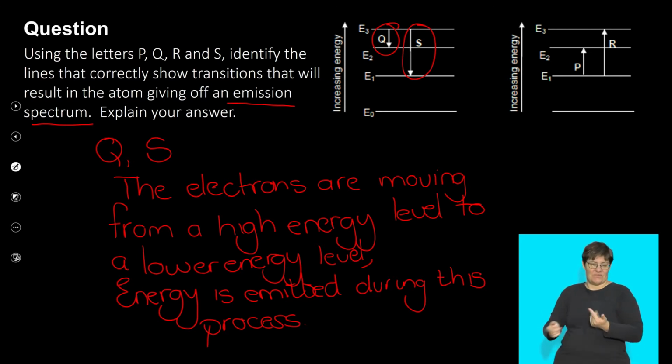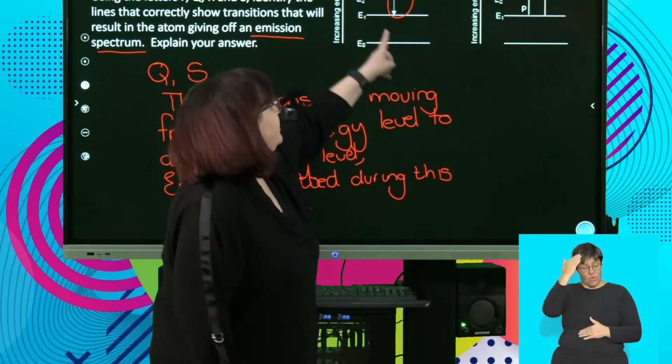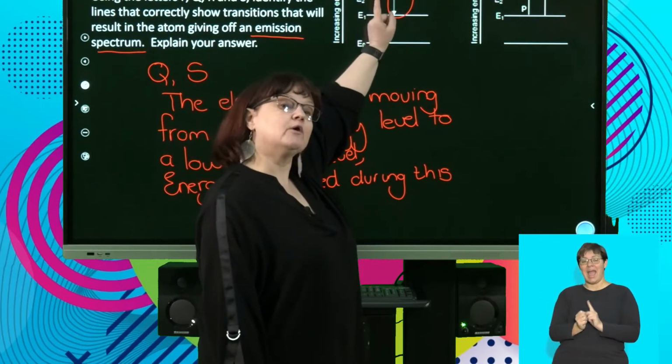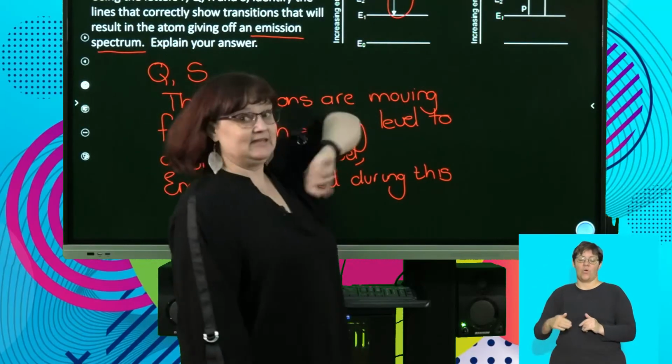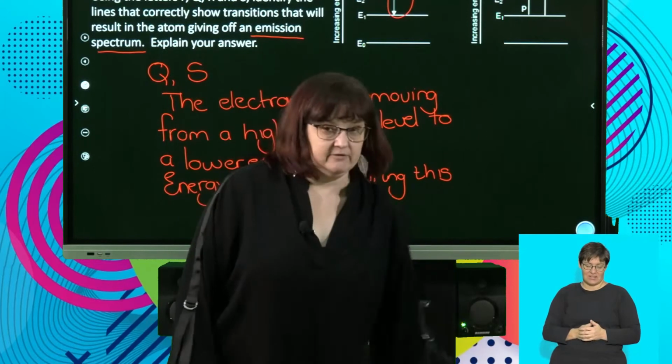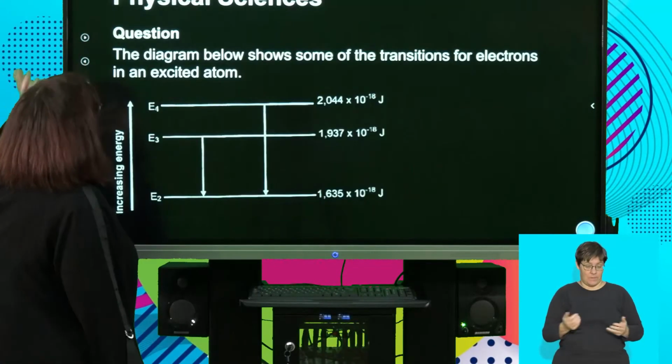That's a nice question, it's a nice explanation. And how did I know? Because I looked at the direction of the arrows. Okay, that shows me the direction that the electrons are moving in. So these ones definitely have to show me which direction they're moving in.